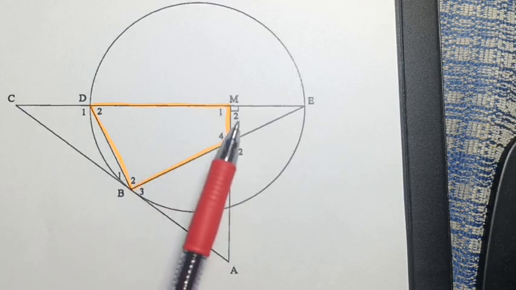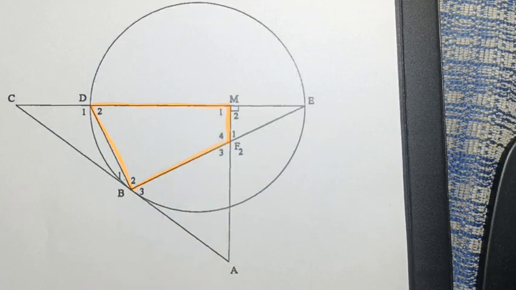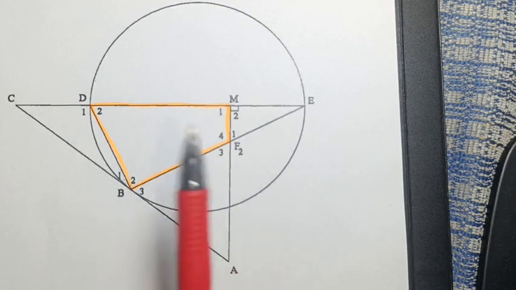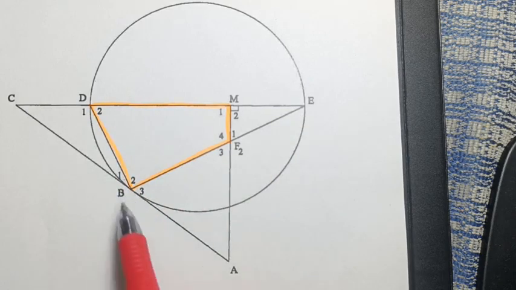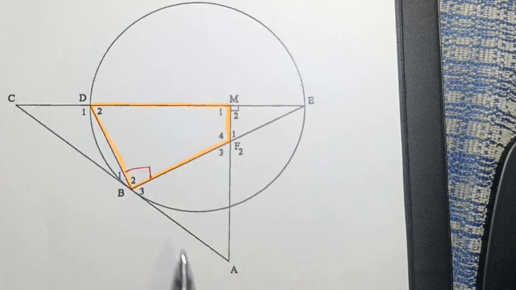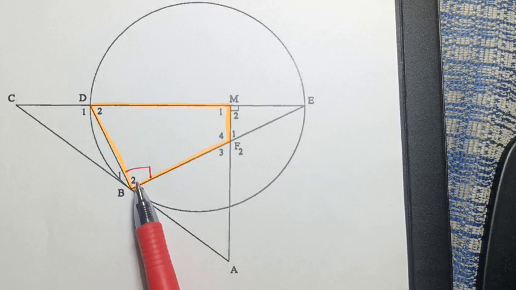But here it is going to work with the exterior angle of a cyclic quad equal to the opposite interior angle, which is B2. Have a look here. This is the diameter ED. So angle B2 is going to be a 90 degree angle in a semicircle.